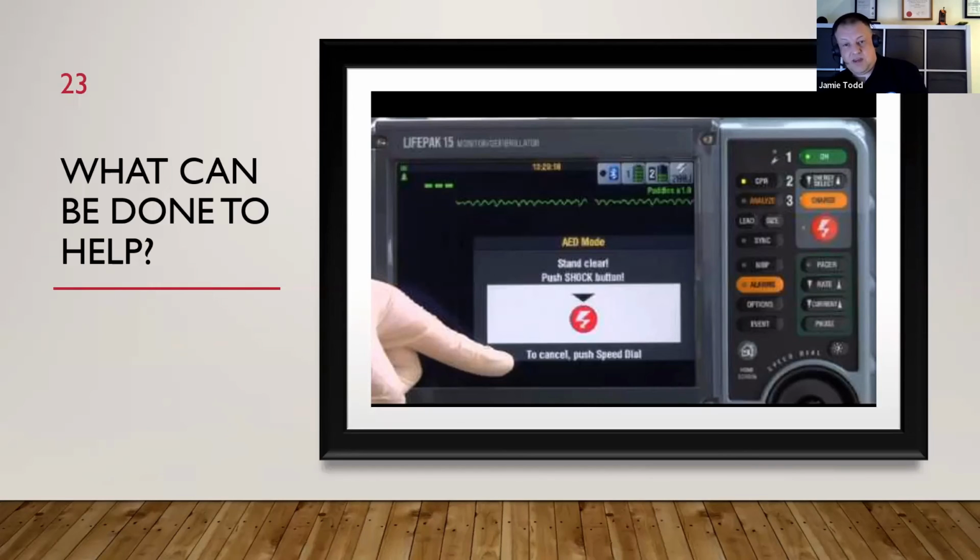I was doing some ALS OSCEs with some second year student paramedics very recently that are very new to ALS, and they're linked to an ambulance service that only does AED mode. I did cardiac arrest with them for 2 days, and no one got a rhythm wrong.